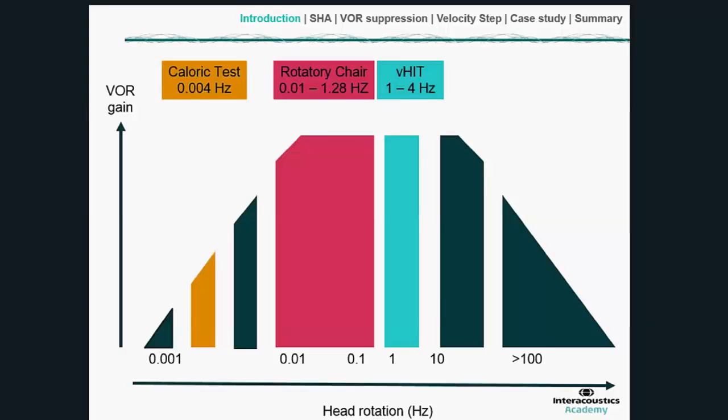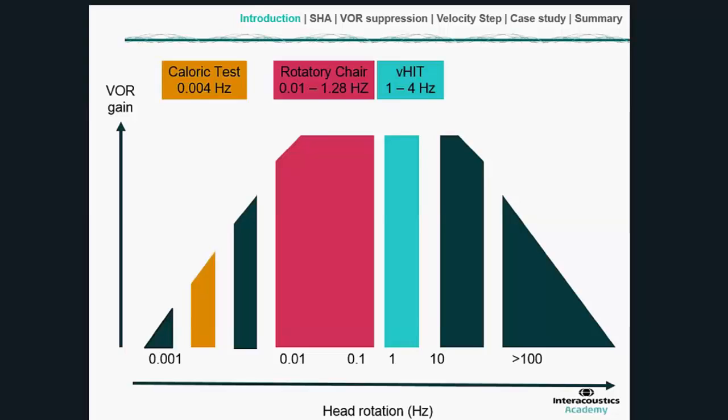And you can see that in the very low frequencies, the VOR gain is less than 1. So the eyes will not perfectly rotate with the head. In the medium frequencies, where the rotary chair and the V-HIT subside, then the VOR is around about 1, and then in the high frequencies, the performance of the VOR reduces again.